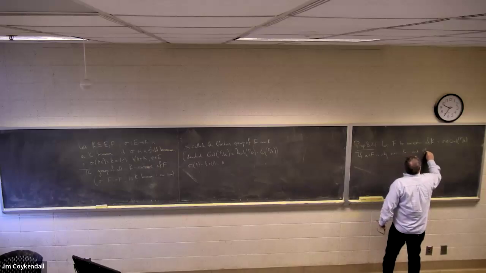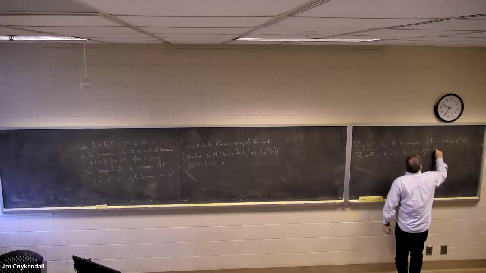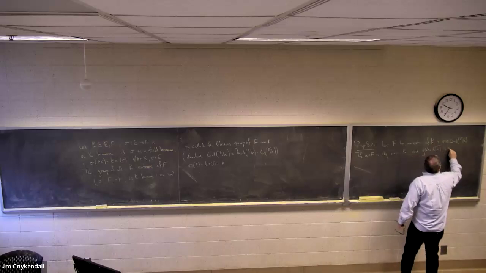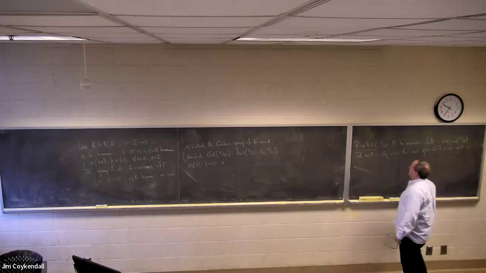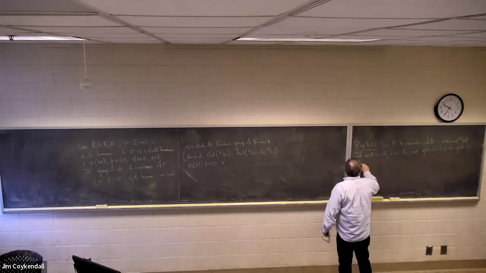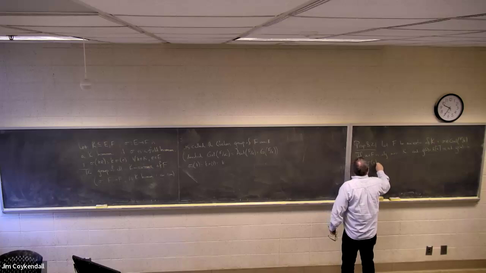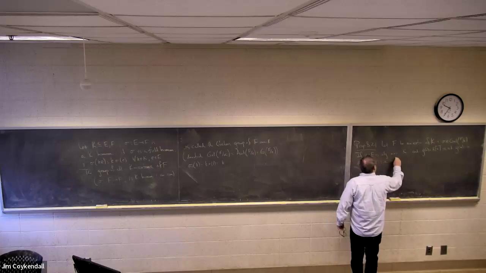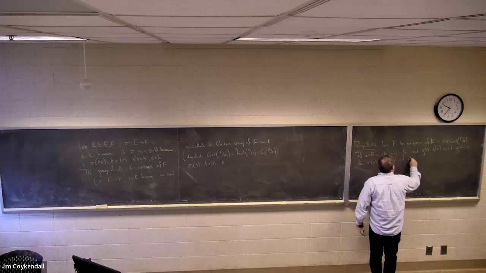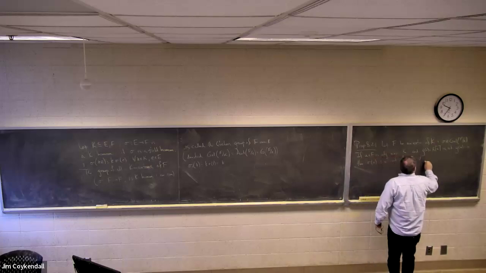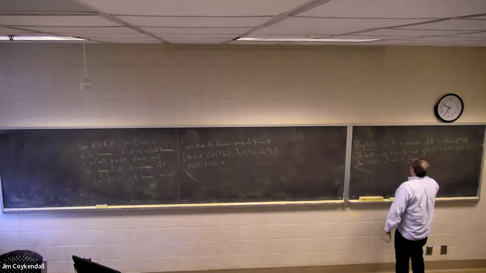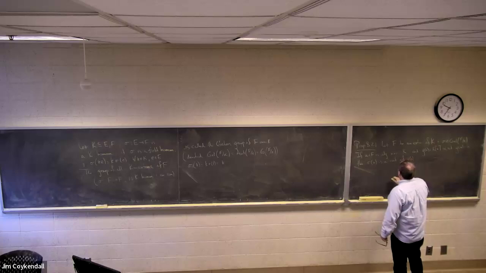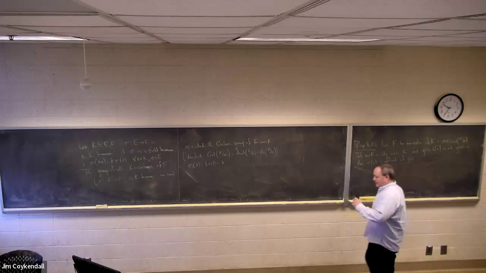And g of x in K[x] is such that g of u equals 0, then sigma u is a root of g of x for all sigma. Sigma u is also a root.